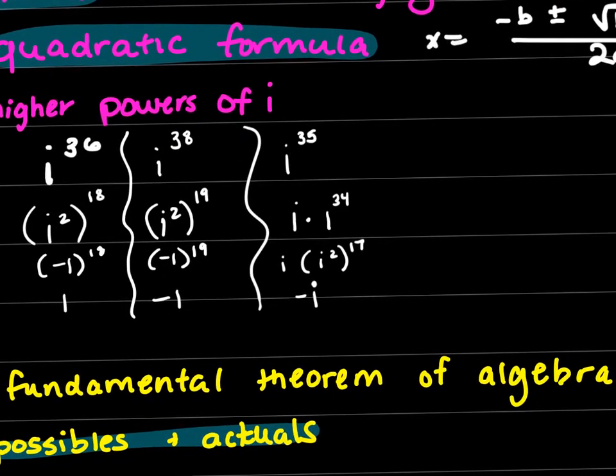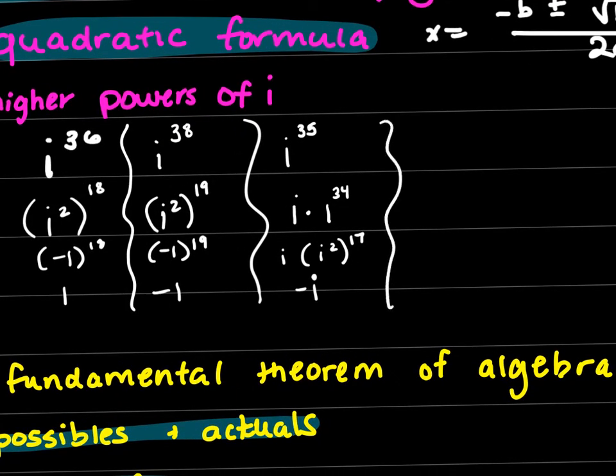If I made that, actually let's make it 33, it would be i times i to the 32nd, i times negative 1 to the 16th, which makes it positive i. So there are 4 possible outcomes with these. Positive 1, negative 1, positive i, negative i.